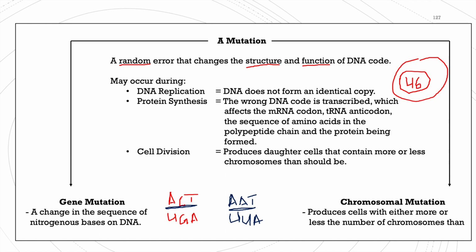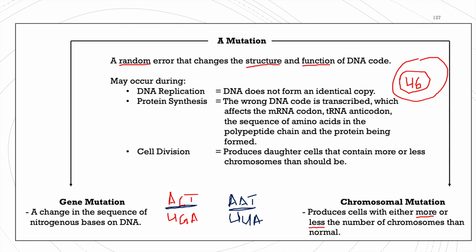So a chromosomal mutation is a mutation that produces cells with either more or fewer chromosomes than normal. Like I said, a normal somatic cell must have 46 chromosomes. However, if we have more than 46 or fewer than 46, we refer to that as a chromosomal mutation.